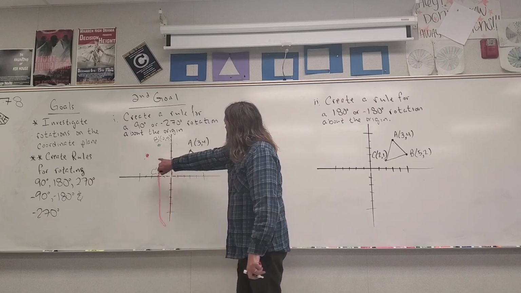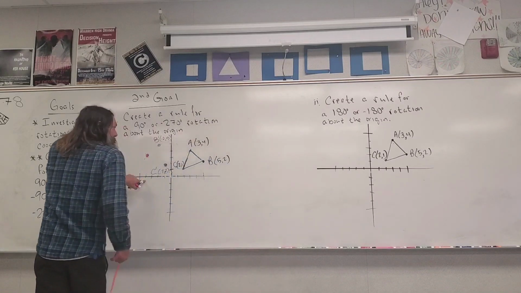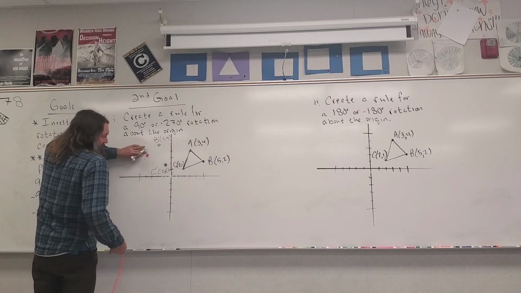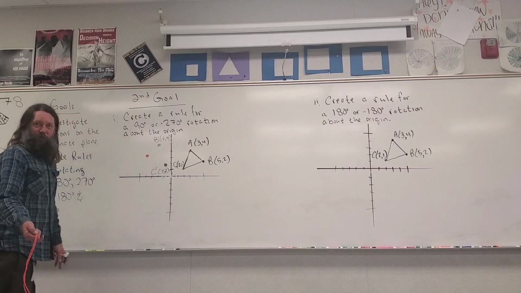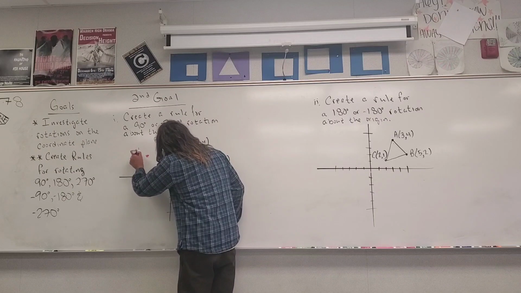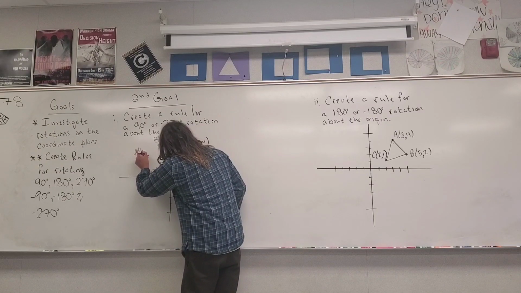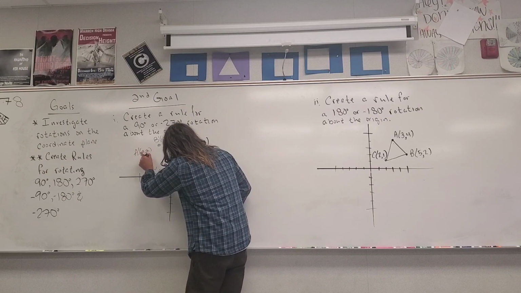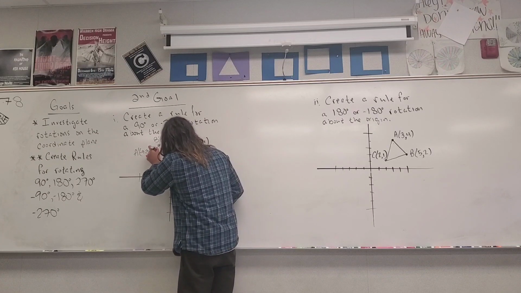And A prime is -4, 3. Oh, it should be down just a little bit. Again, it's hand drawn. It's going to be off a little bit. So again, I apologize. A prime is -4, 3.